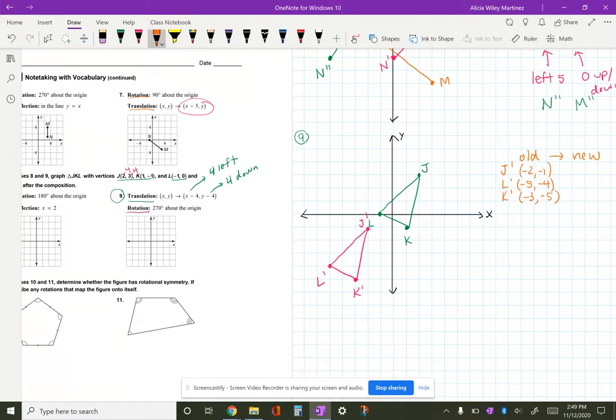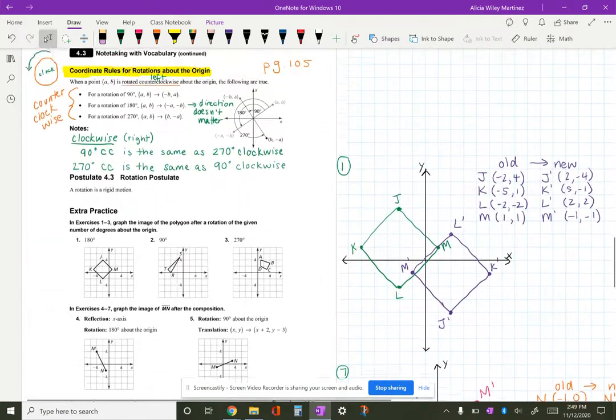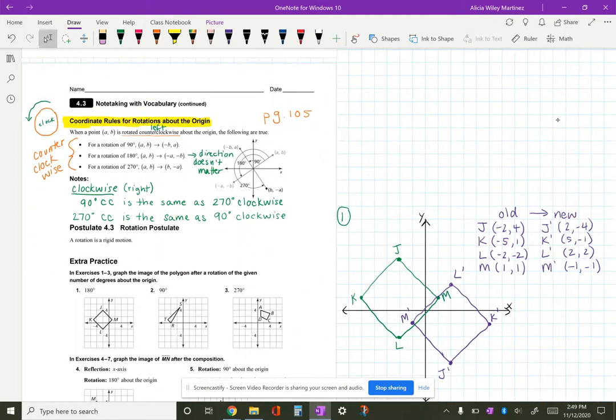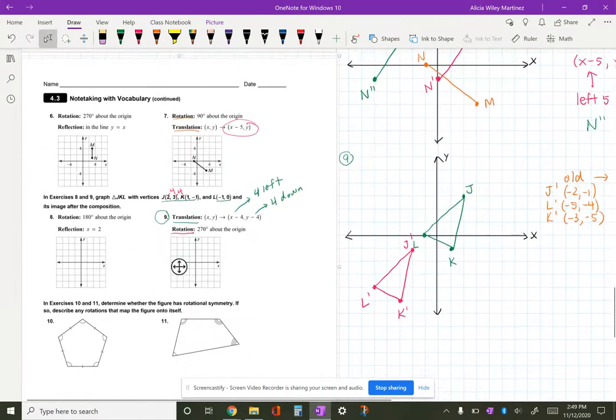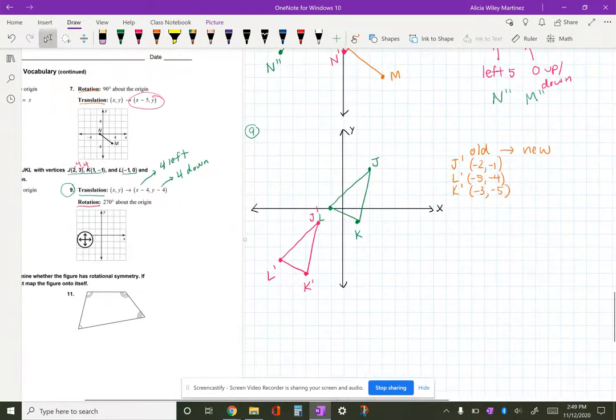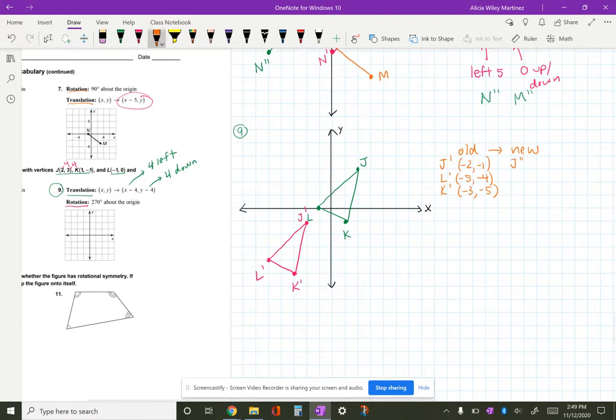So let's go ahead and look at the rule for 270 degrees. For 270 degrees, your x and y's switch places and you change the sign of the new y value. So we're looking at this last bullet point here, okay? I'm going to use that rule to get my J double prime, L double prime, and K double prime, and then I will graph it to get my answer.